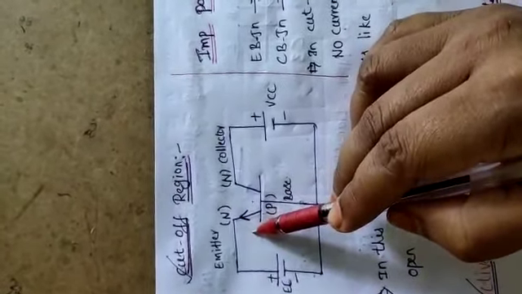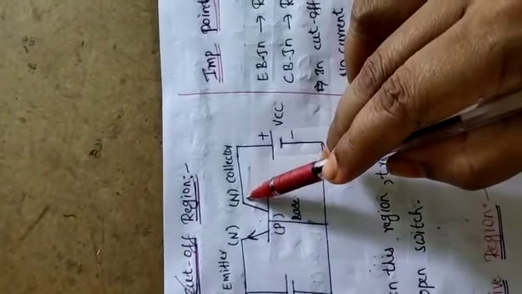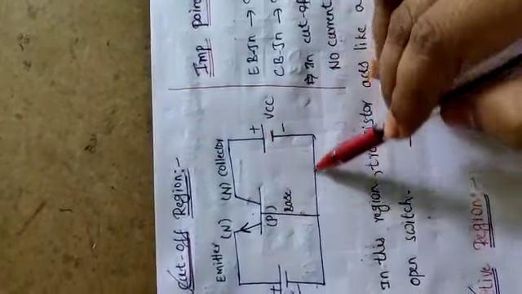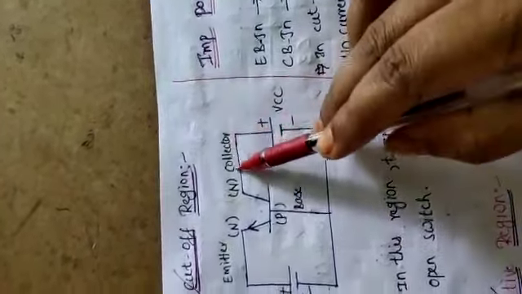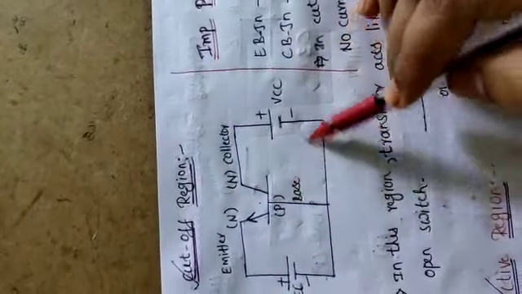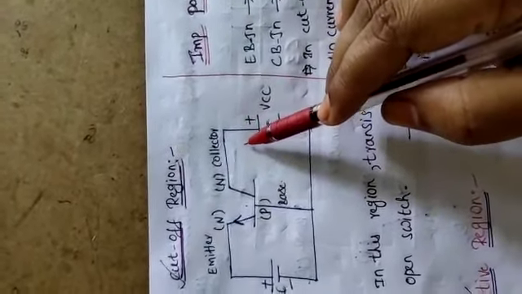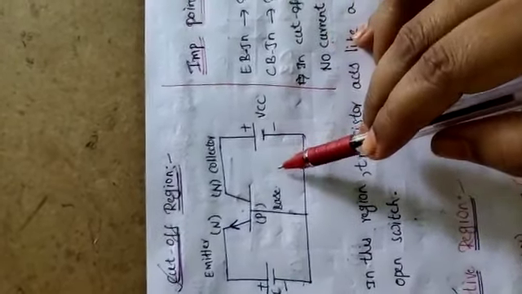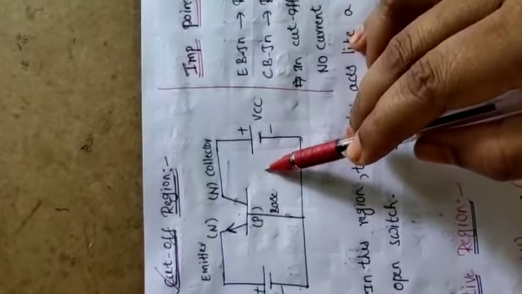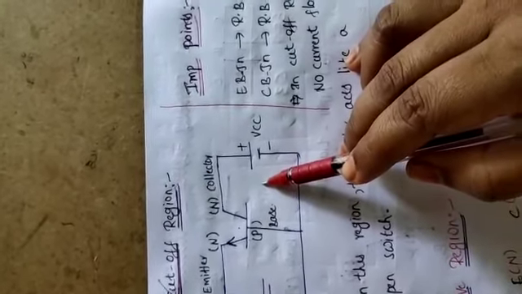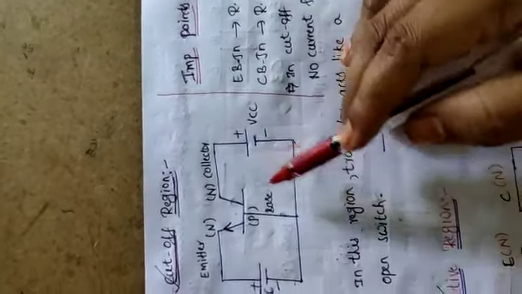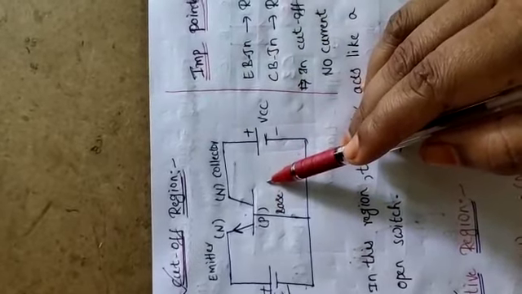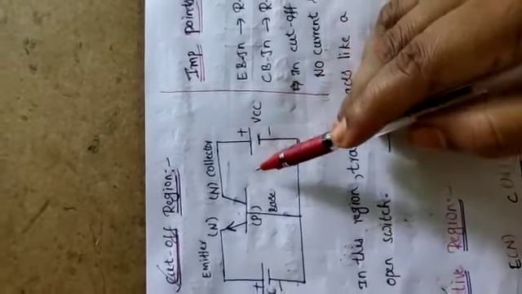In a similar way, N is connected to positive and P to negative, so this collector base junction is also in reverse bias condition. You all know the working of a PN junction diode in reverse bias condition: there is no movement of charge carriers, so the current is 0.